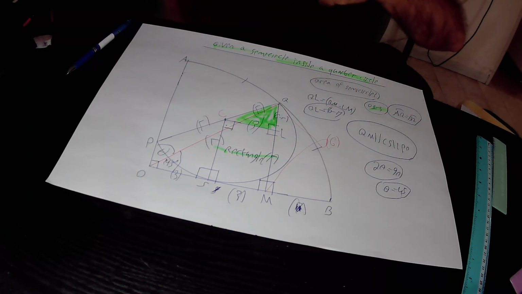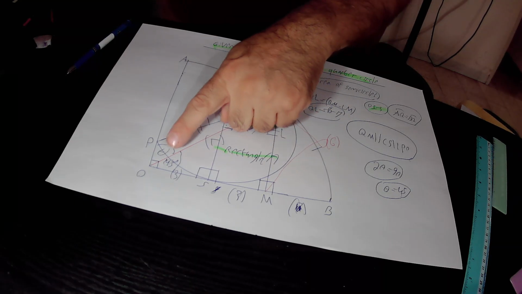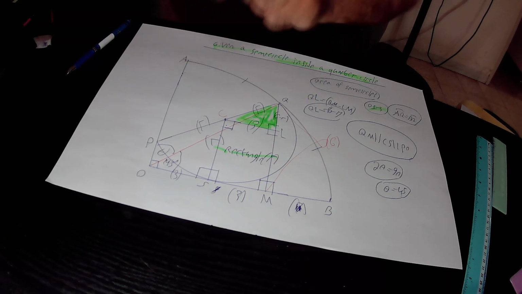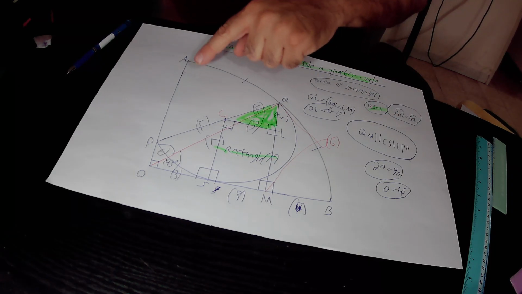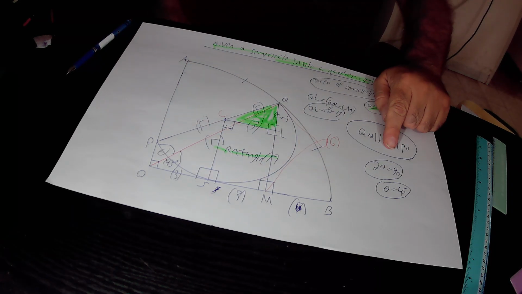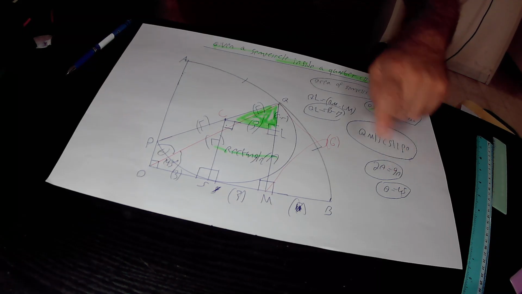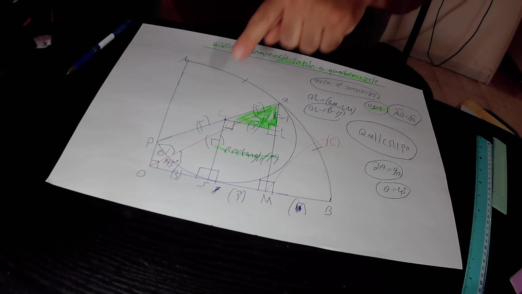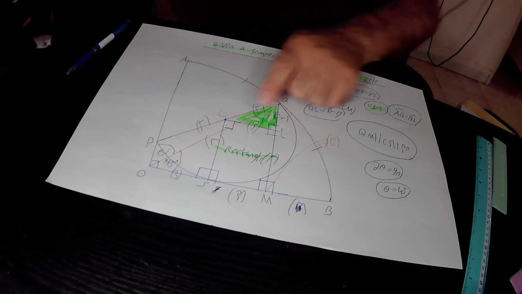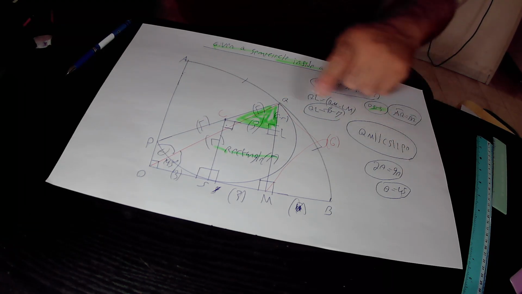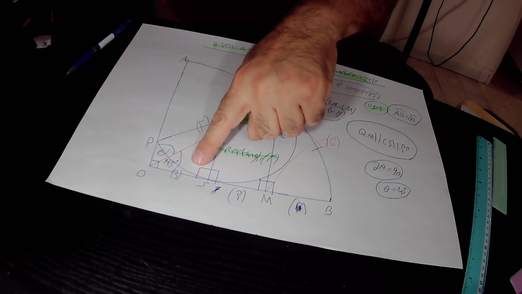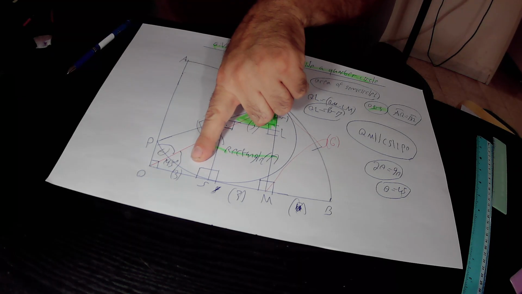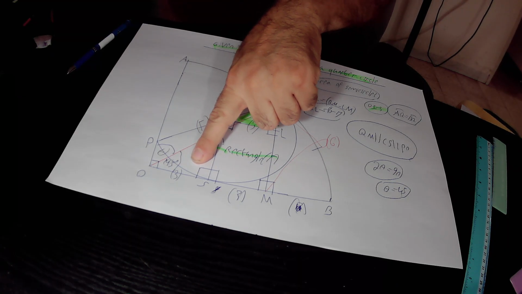So theta plus theta equals angle AOB, which is 90 degrees. So 2 theta equals 90 degrees, and therefore theta equals 45 degrees in size. This is again theta, which equals 45 degrees, and QOB equals theta, 45 degrees.